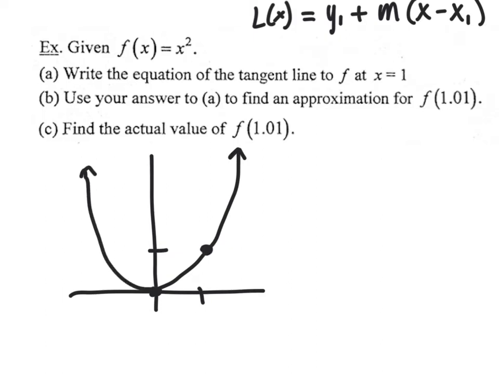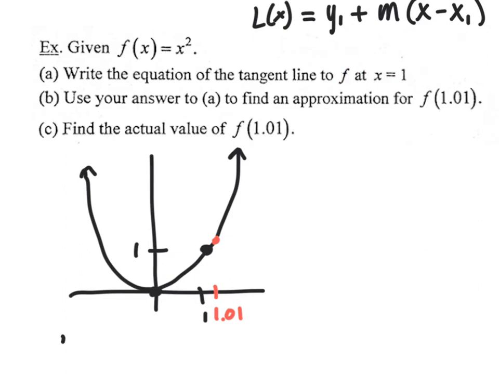But I want to actually calculate the value of, say, 1.01, and find that y value on this function. What I want to do is use a linear approximation to find an approximation for that value of 1.01. So first, let's write an equation for our tangent line at x equals 1.